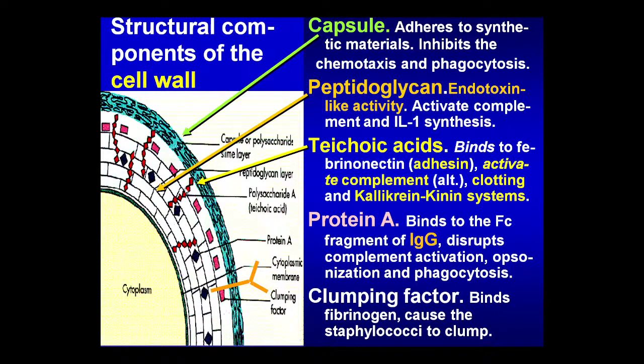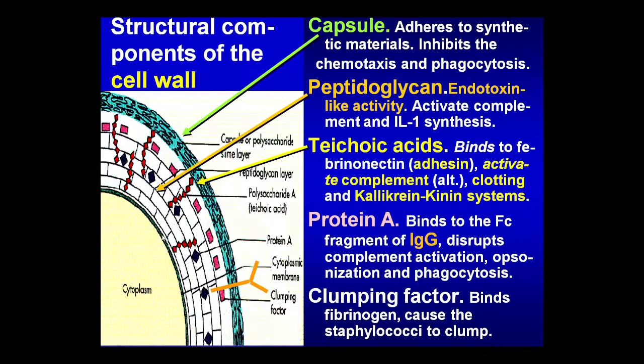Then we have a thick layer of the peptidoglycan, and it is a gram-positive bacterium. It means it doesn't have endotoxin, but it is believed that peptidoglycan of Staphylococcus aureus may have activity that resembles the activity of lipopolysaccharide or endotoxin of gram-negative bacteria.